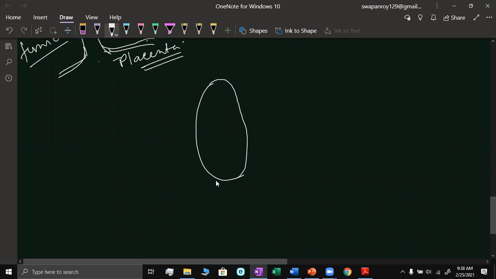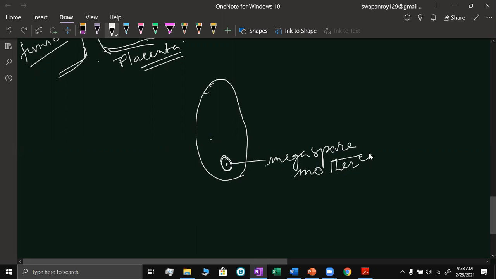Say this is nucellus, and within this nucellus a cell develops. This nucellus is made of many cells, but one cell becomes large, and this one is known as megaspore mother cell.